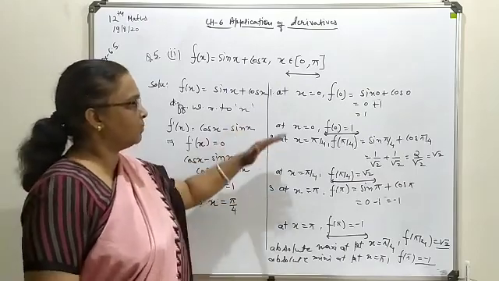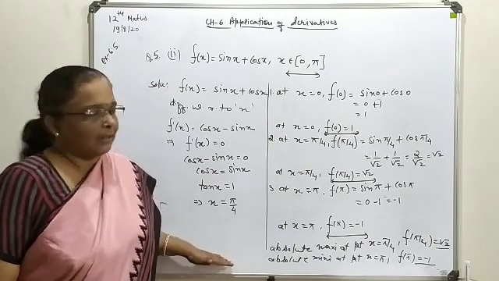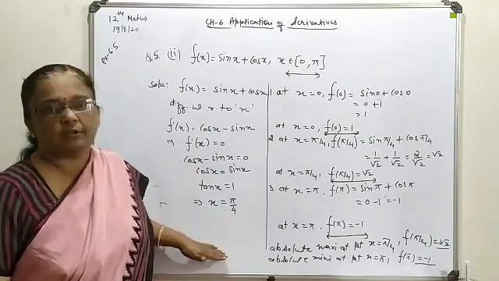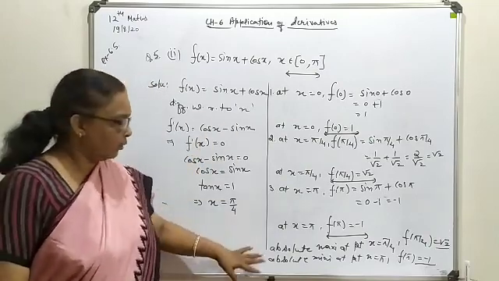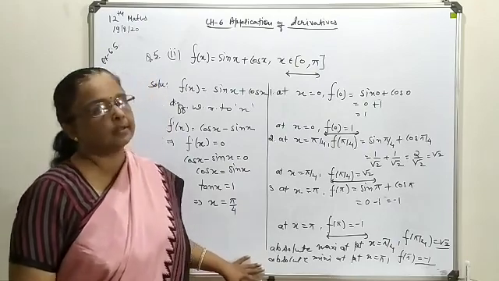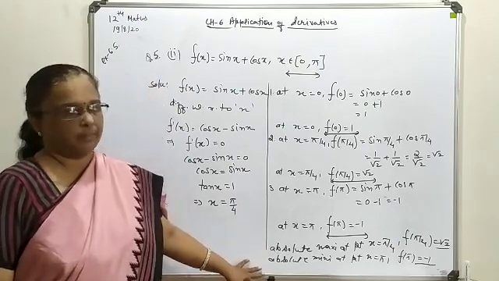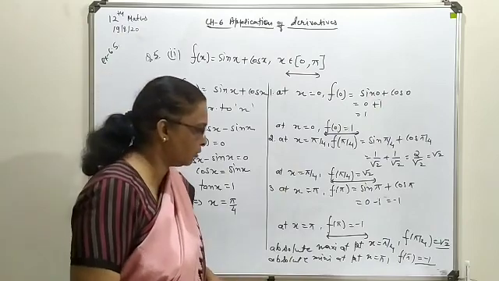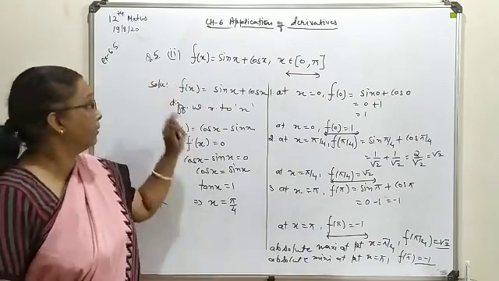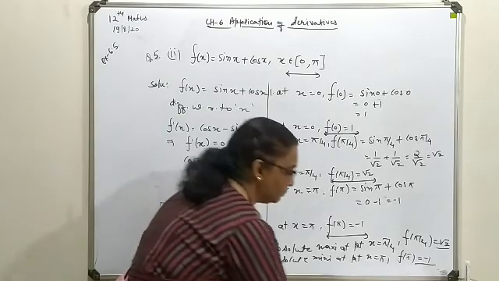Then check the respective function's value, compare the evaluated function values, and then conclude the answer as maxima and minima. In order to do that, we are going to attend one more question, that is the fourth part of the same question.